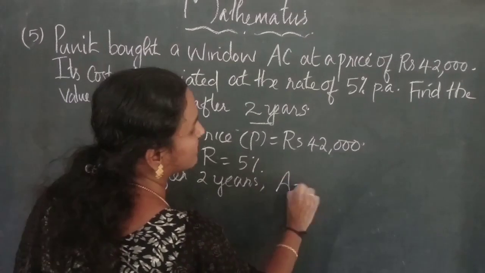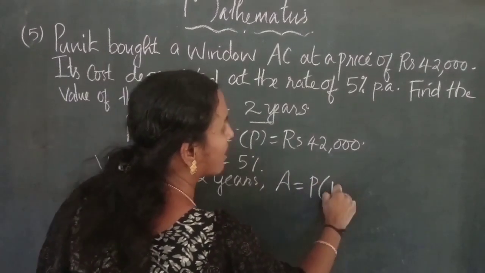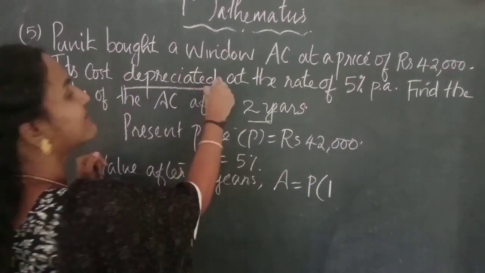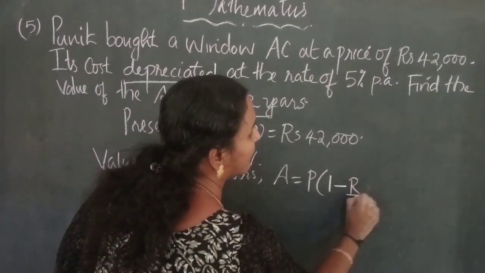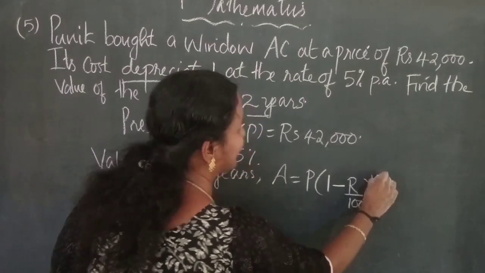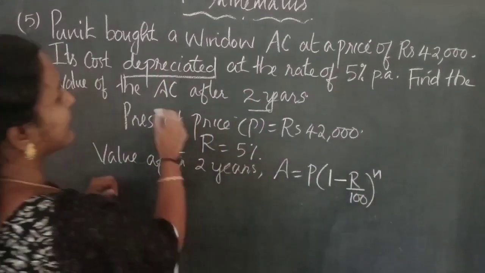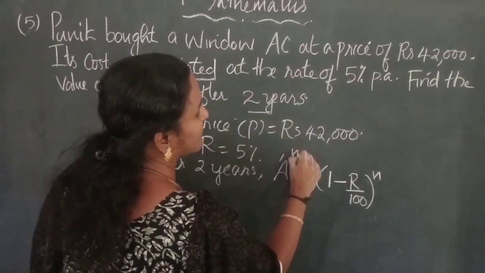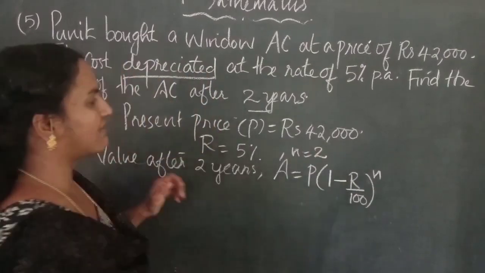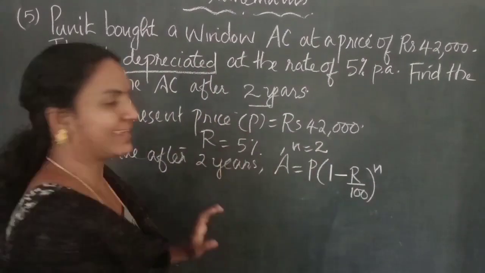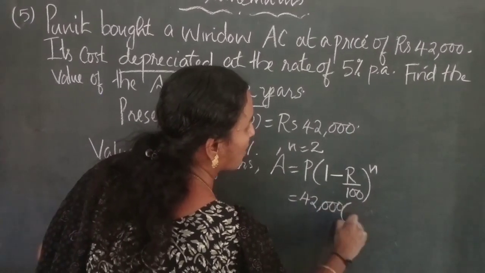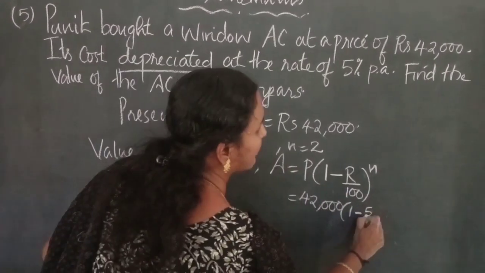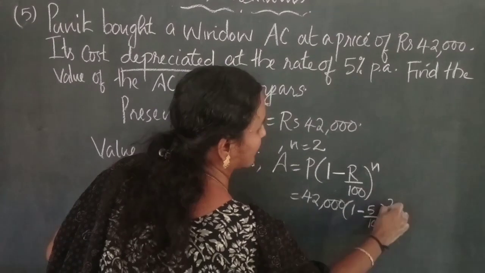So A is equal to P into 1, here depreciated means decreasing, so 1 minus R by 100 the whole power N. Okay. Here N is equal to 2. So substituting the value of P, R and N in this equation. So 42,000 into 1 minus 5 by 100 the whole square.